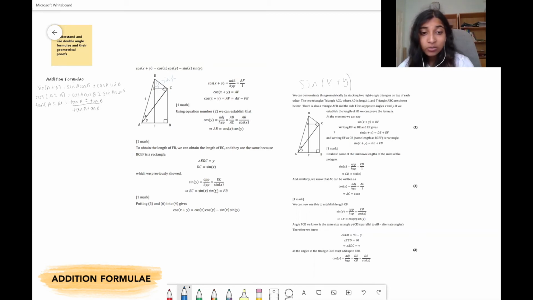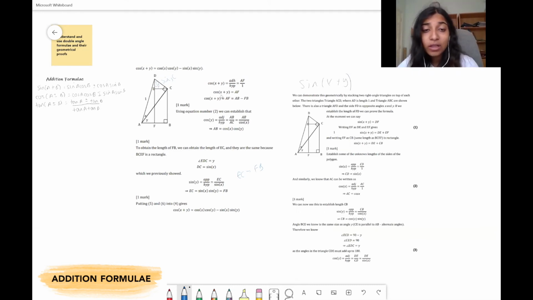So that's just equal to EC over sine x. And if you multiply by sine x on both sides, you get that EC is equal to sine x times sine y. And as we said before, because EC is equal to FB, FB would just be equal to sine x sine y.